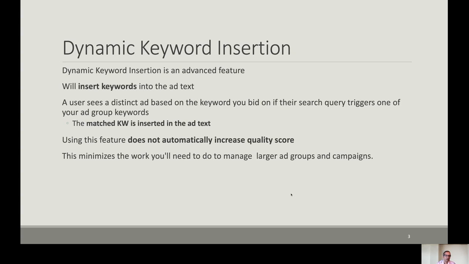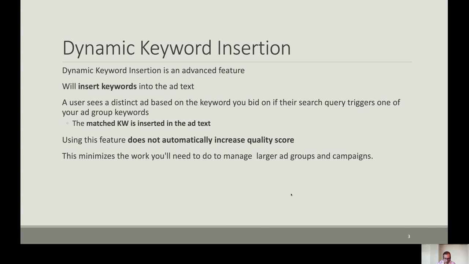Now, of course, you might think that this would really make your ad much more relevant to the user, and therefore your quality score will increase. But since it is not inherently a feature of the ad, it is a feature that is provided by Google to do this dynamic keyword insertion, and it is not really about the other qualities of the ad. Google explicitly says that this does not automatically increase quality score.